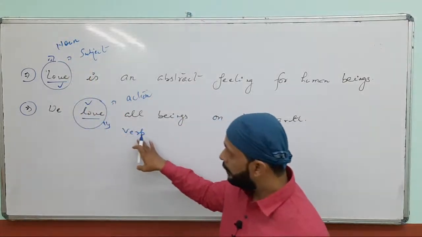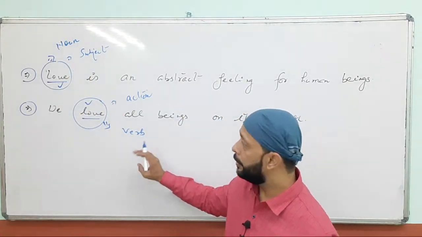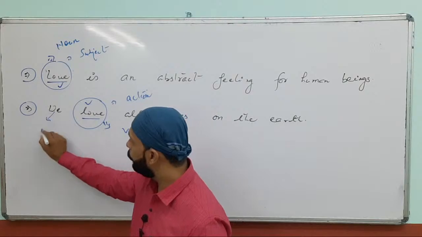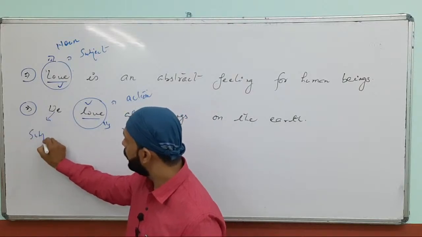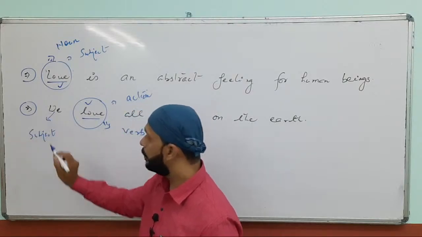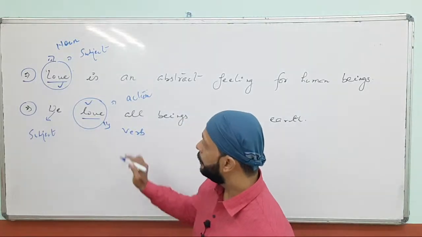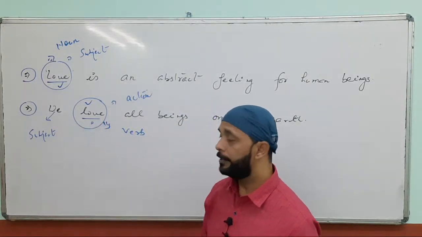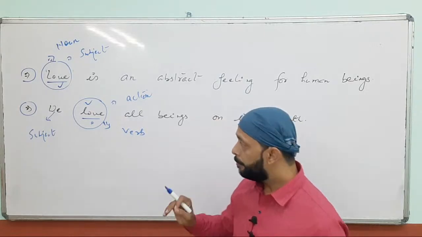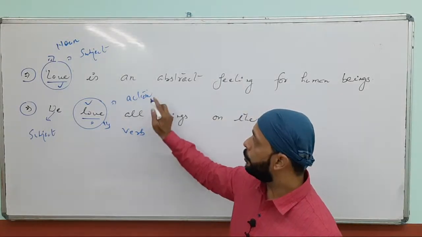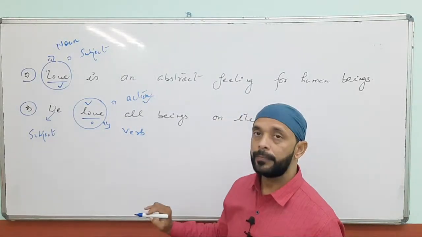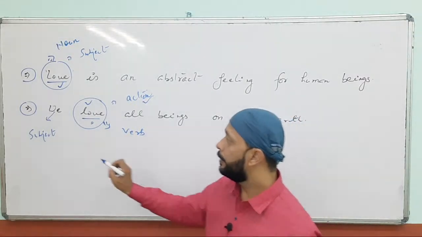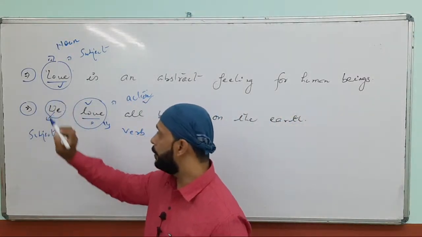In the second example, you have the subject we. Got it? And this word love is there, showing an action, and it is following the number of the subject.